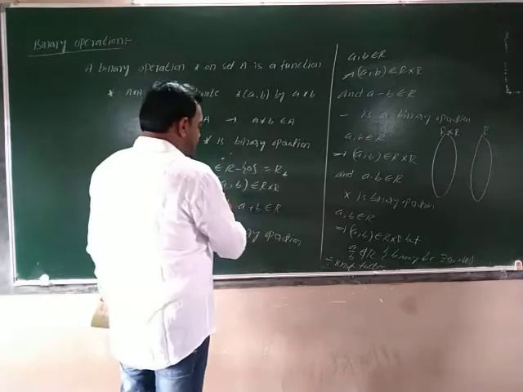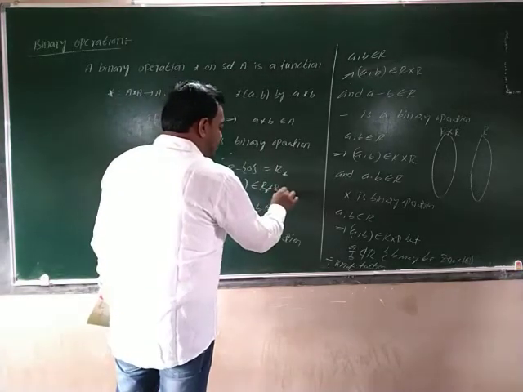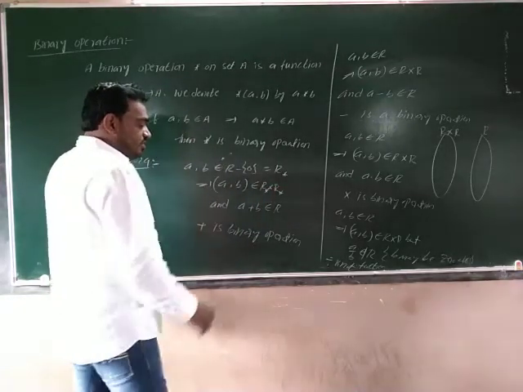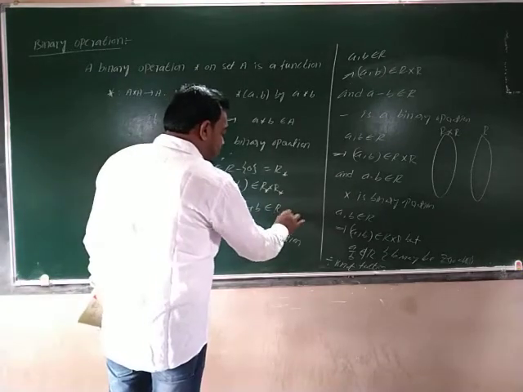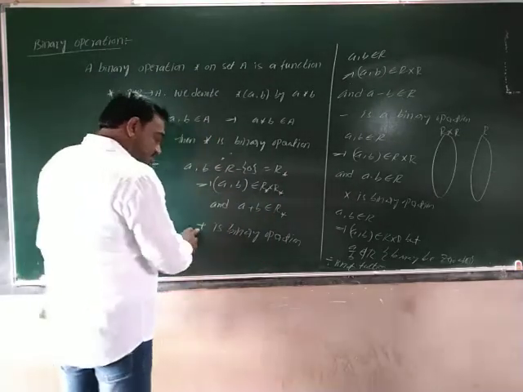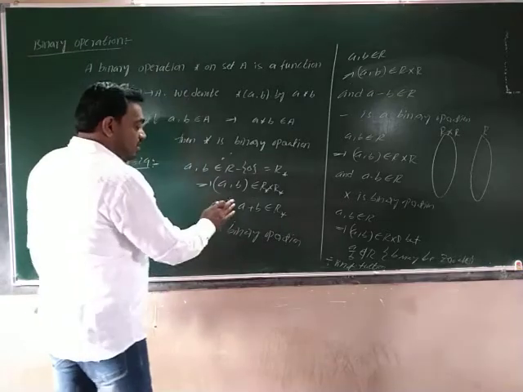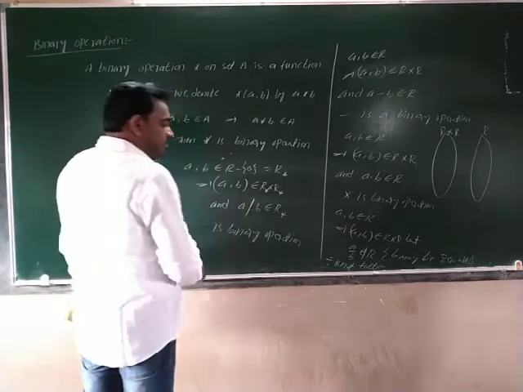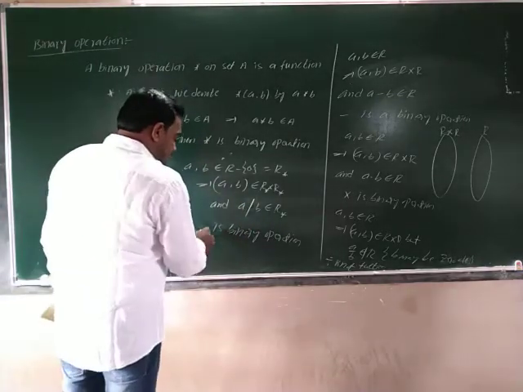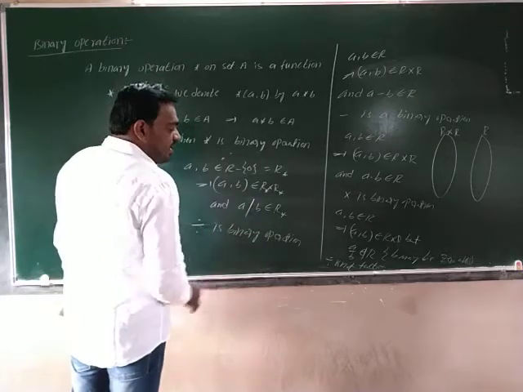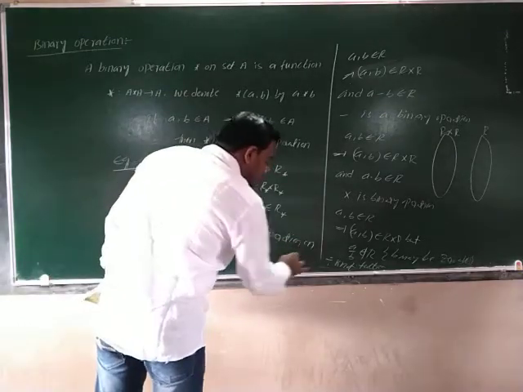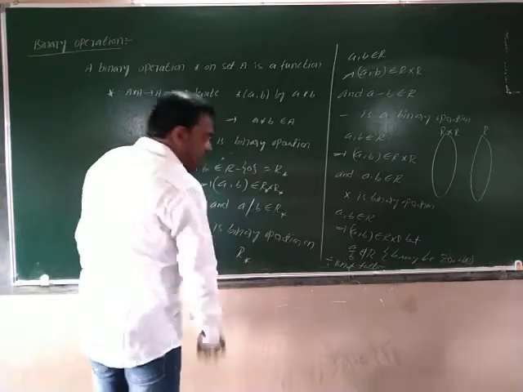Then A comma B belongs to R star comma R star, and A by B belongs to R star. Therefore, division is a binary operation on the set R star.